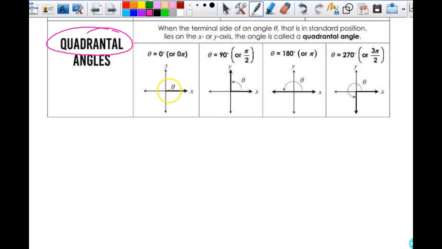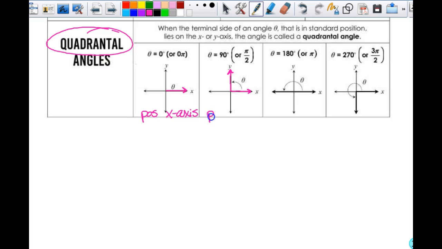And then this right here, that's when we're at 0 or 2 pi or 360 or any multiple of that. If you land there and that's your terminal side, then it's quadrantal. Plus you have to tell me that it is on the positive x-axis, so you distinguish between all of the other quadrantal angles. If it's at 90 or pi halves or any multiple of that, that's another quadrantal angle.